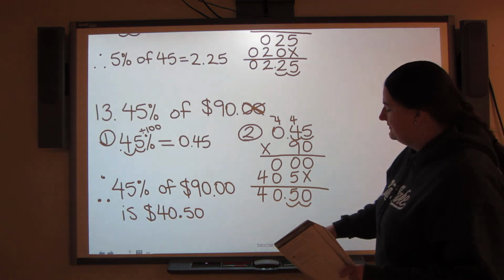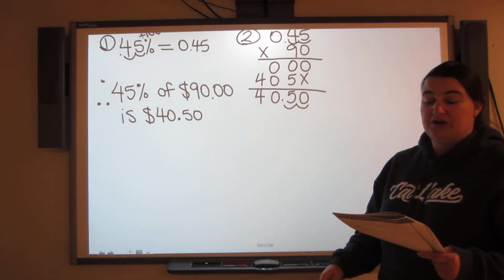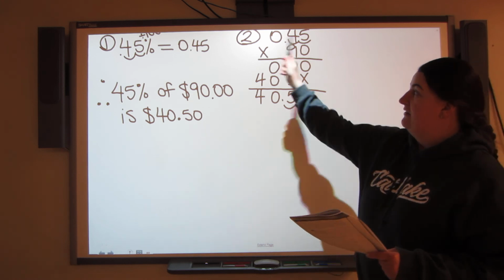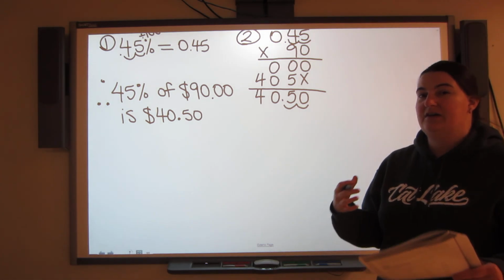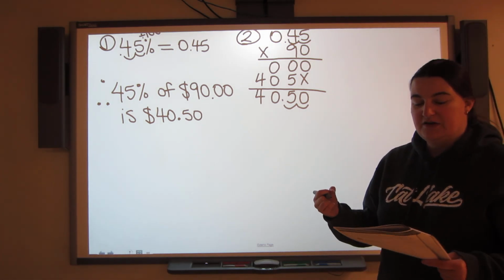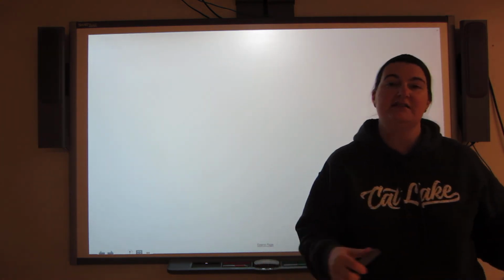For number 19 all the way to number 22, you're going to need to do these 2-3 steps twice to figure out which is which. We'll do number 19 together.